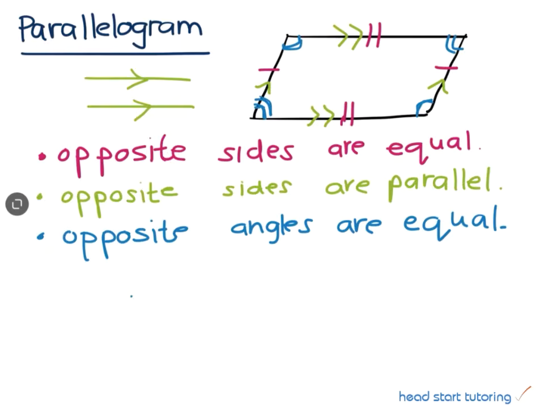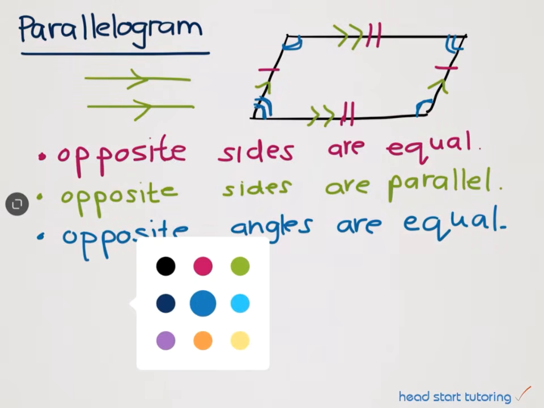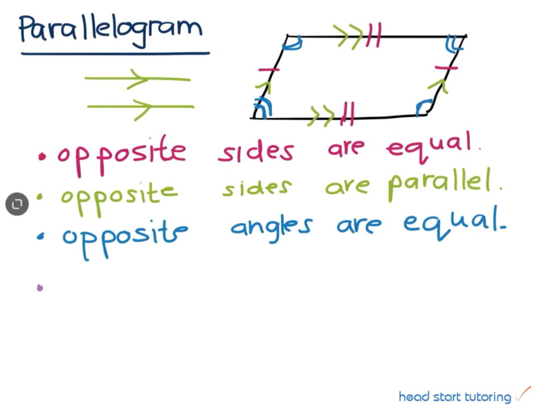Right. Now let's have a look at our lines of symmetry. With our parallelogram, we will find that we have 0 or no lines of symmetry.